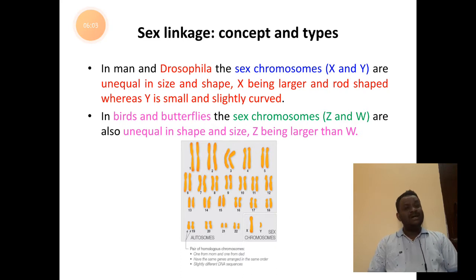In the case of birds and butterflies, we have the ZZ and ZW type of sex determination, where Z and W chromosomes vary in their size and shape, Z being larger than W. In the XX and XY type of sex determination, which we commonly see in man and Drosophila, both X chromosomes are homotypic chromosomes.